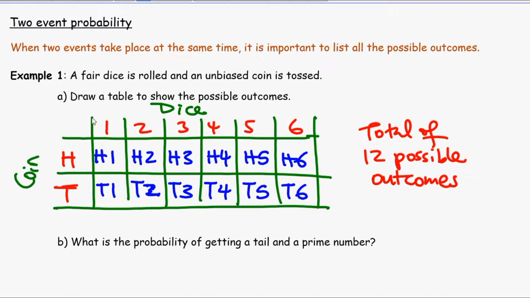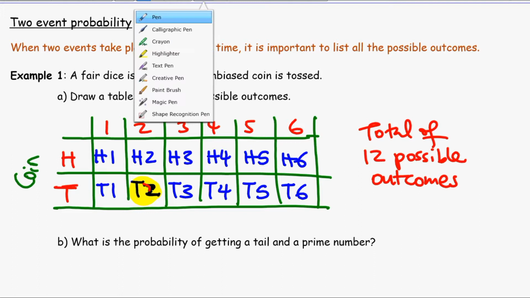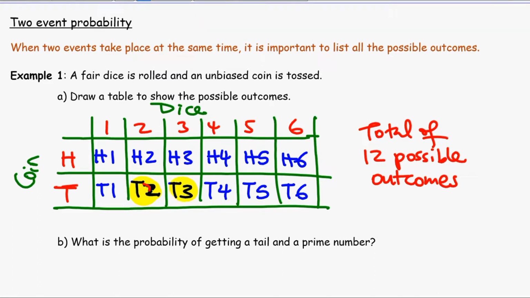Okay. So what's the probability of getting a tail and a prime number? A tail and a 2, that's a tail and a prime number. A tail and a 3, that's a tail and a prime number. And then we have a tail and a 5, that's a tail and a prime number.